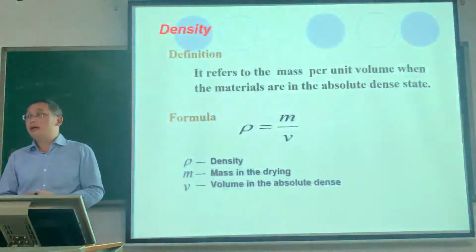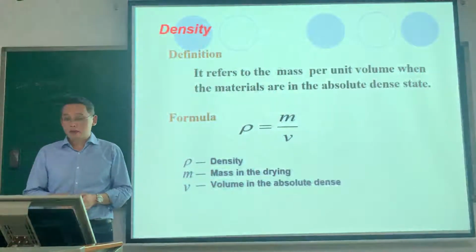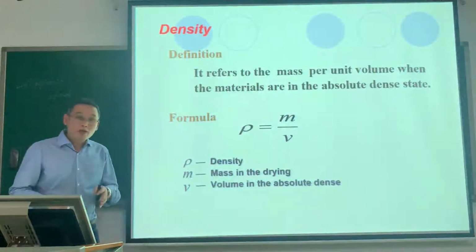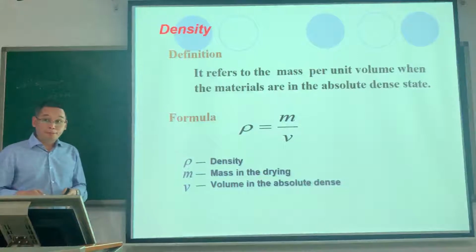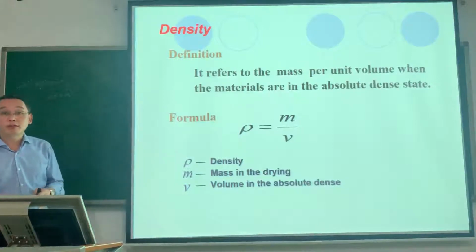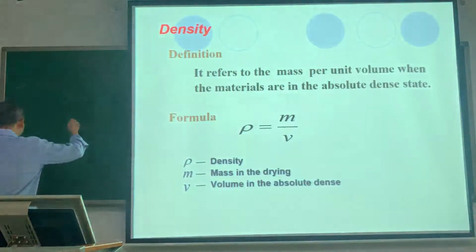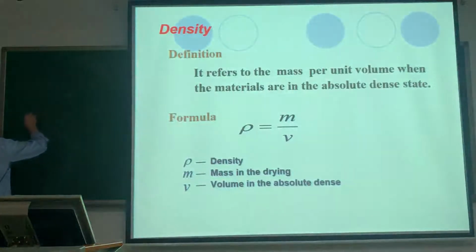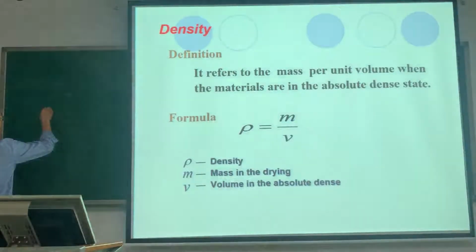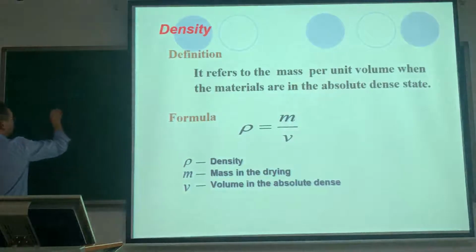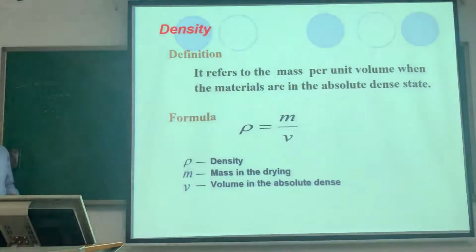The first one is about density. The formula about density is very simple. For the density of materials, the formula of it is just like this.